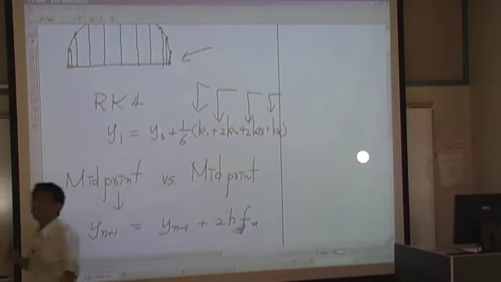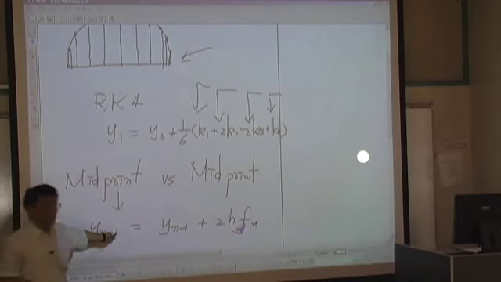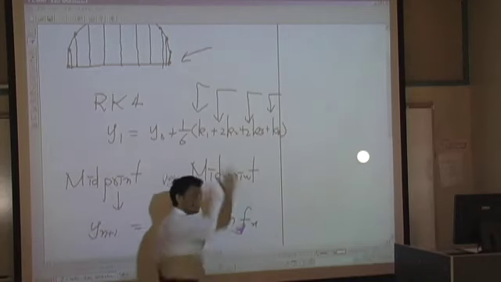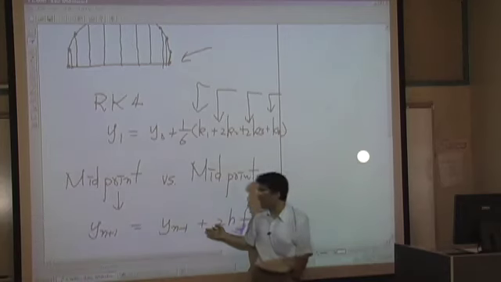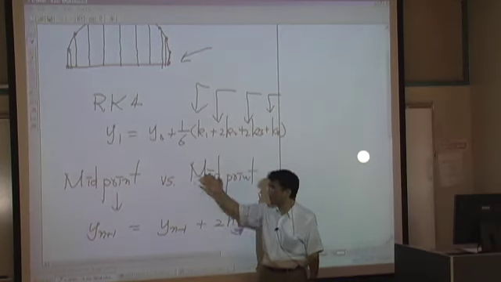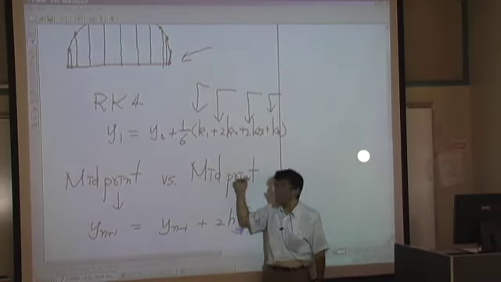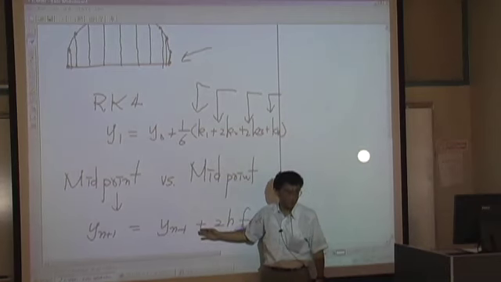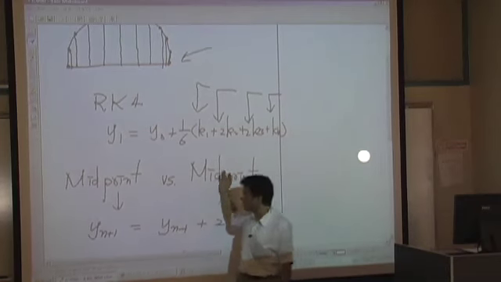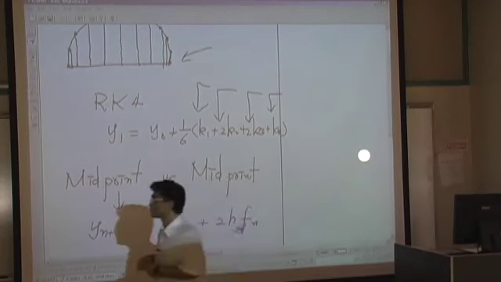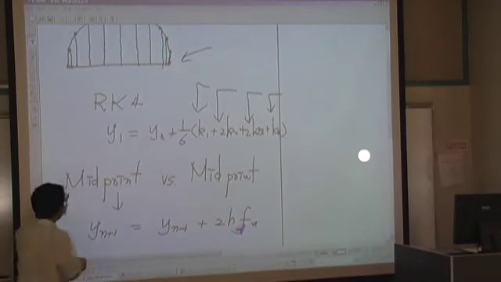But this doesn't work. This completely blows up. So never use this midpoint. Even though it bears the name midpoint, when people use the midpoint method, it is not this midpoint method. The midpoint method that people use will be explained very soon. But this midpoint should not be used.